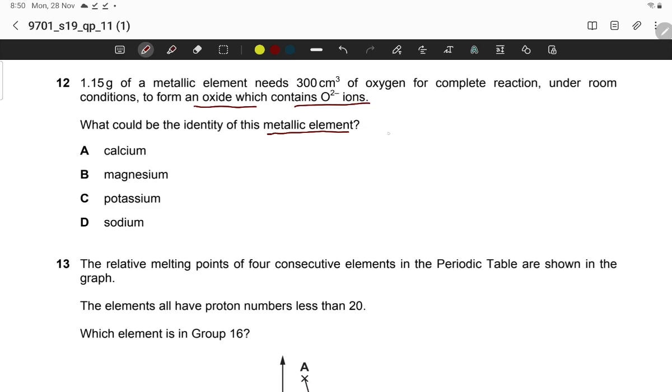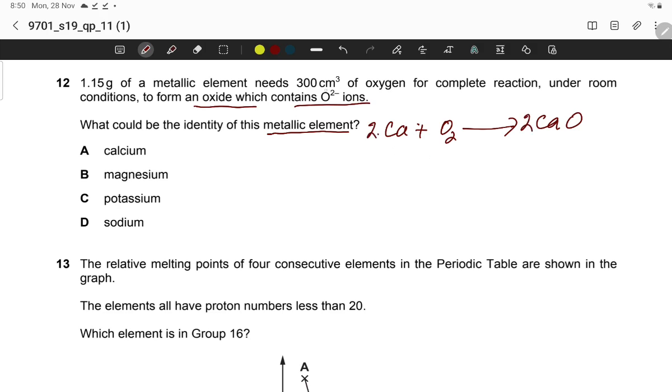calcium oxide. Calcium needs oxygen to form calcium oxide, 2 and 2.